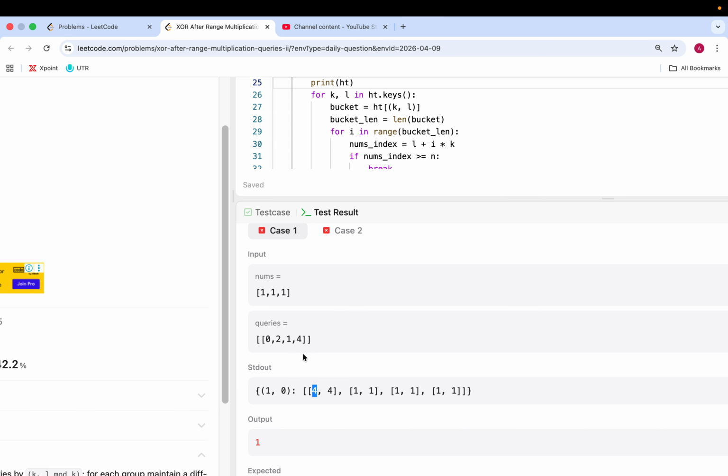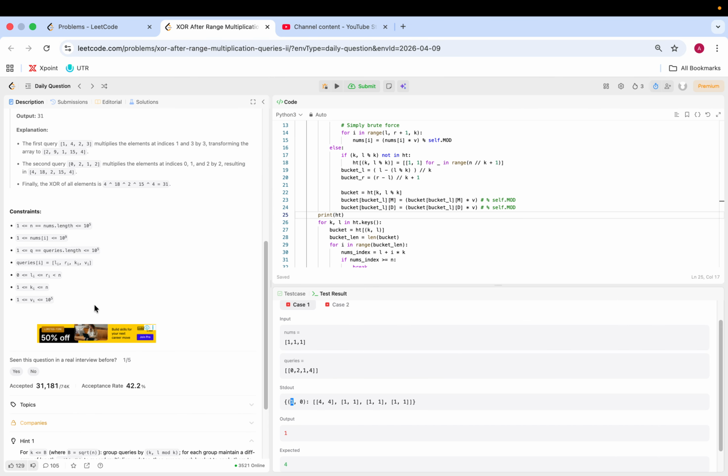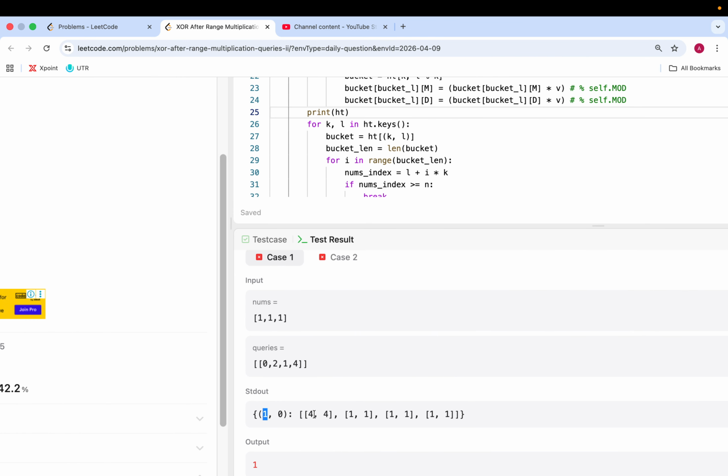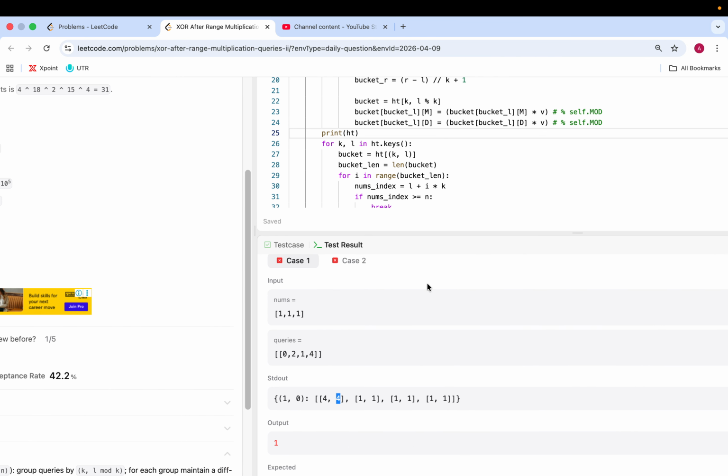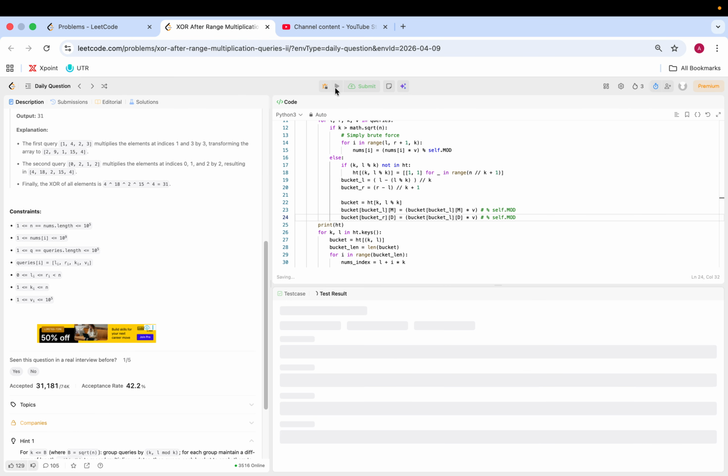I'm updating the m value at index 0 to be 4. So this is the jump value. But the issue is the d value is also being set to 4 when it shouldn't. So this should say bucket R. That should also say bucket R.